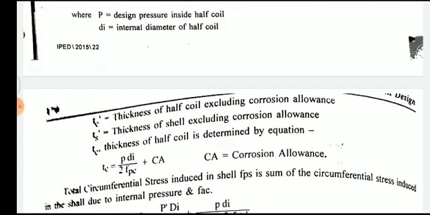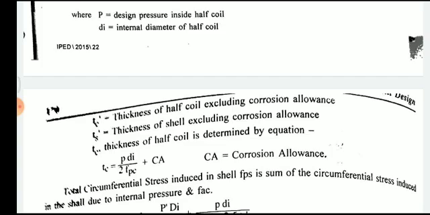Then tc' is the thickness of the half coil excluding corrosion allowance. That means the thickness of the coil without corrosion allowance; corrosion allowance has not been added in it.